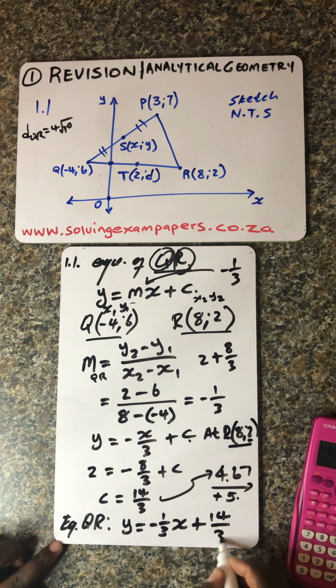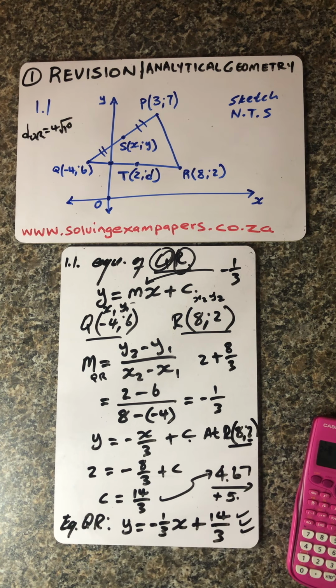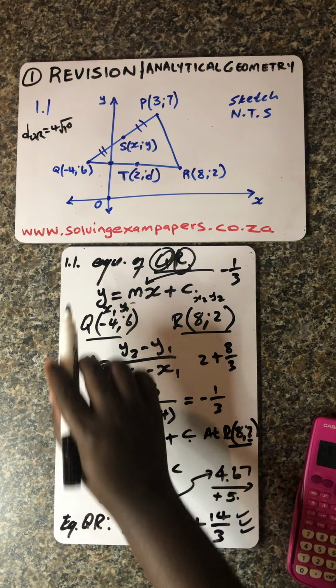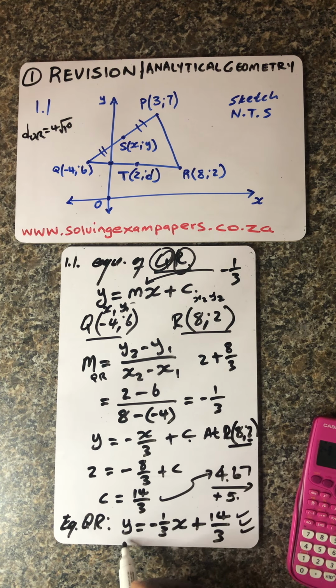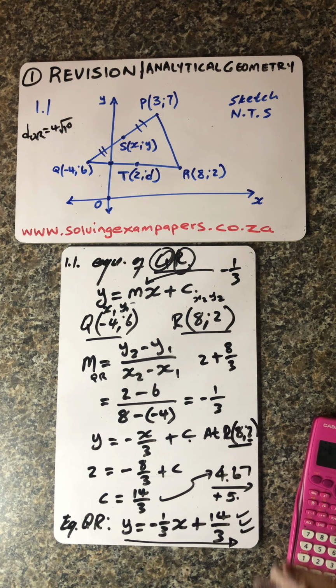So you score maximum marks for providing that. This is what the question wanted you to calculate or determine, an equation of QR. If you just do all of this and you don't give us this as your final answer, you're going to lose some marks. Very, very important. So I assume you fully understand that part.